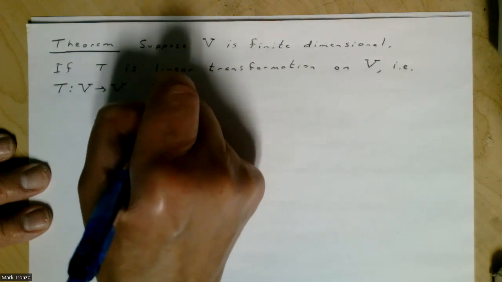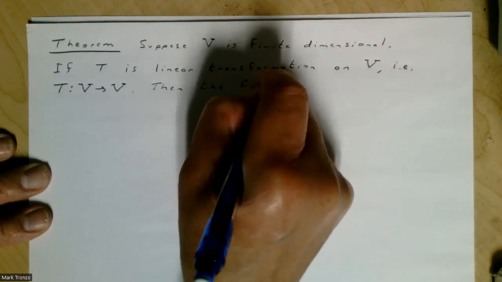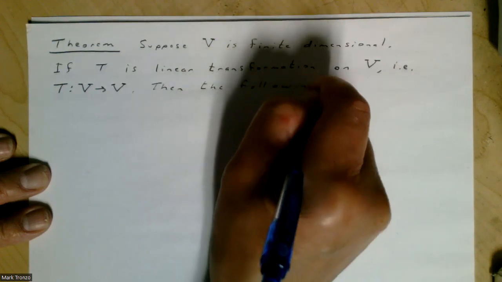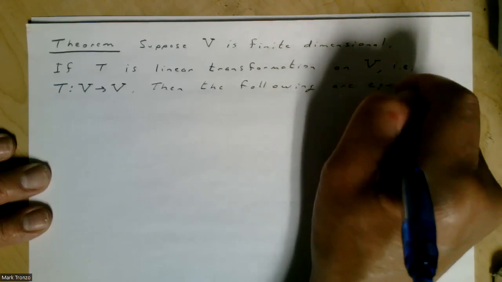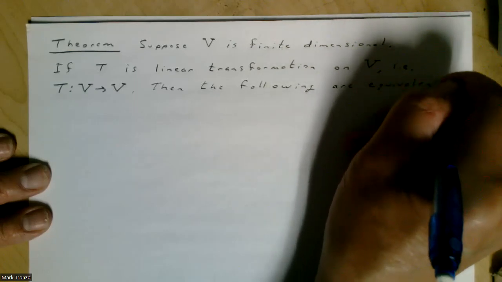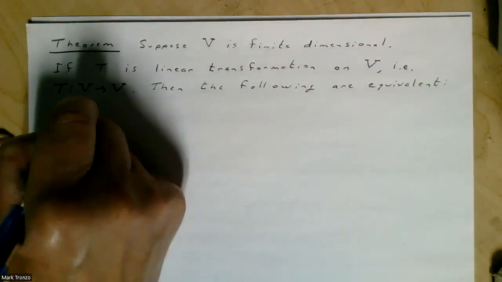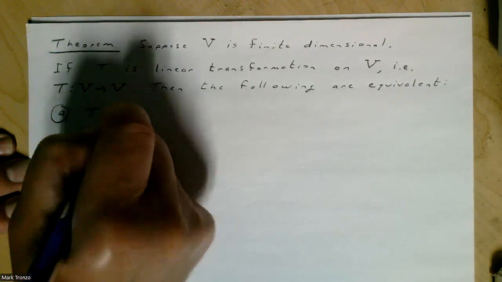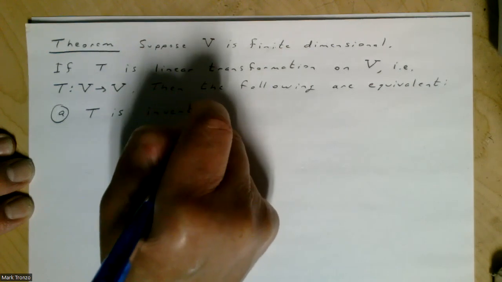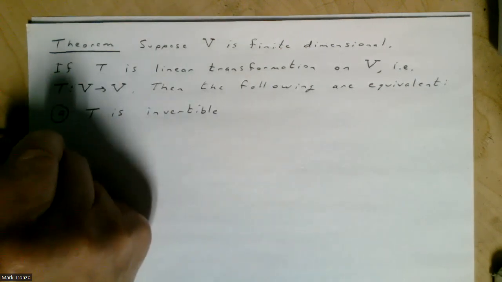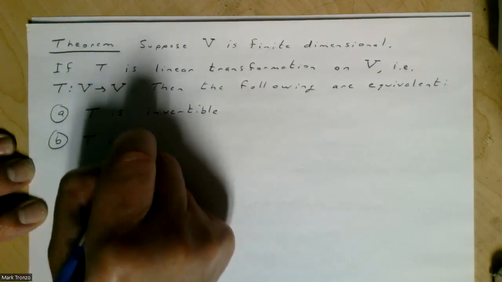Then the following are equivalent. A, T is invertible. B, T is injective.